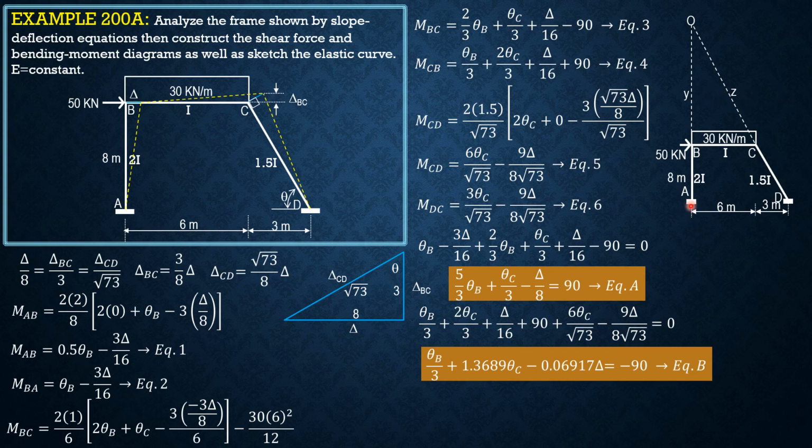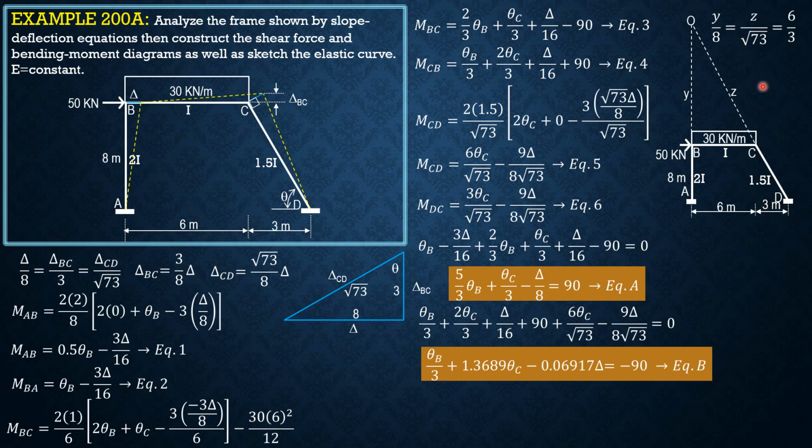And let's apply the shear, normal, and moments at A, B, and C. So Y is 8 by similar triangles to this, Y vertical, this is 8, equals Z hypotenuse over square root of 73, the length of this sloping end, equals 6 meters as to 3.